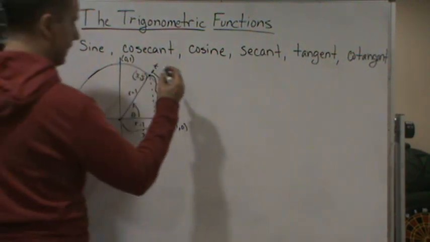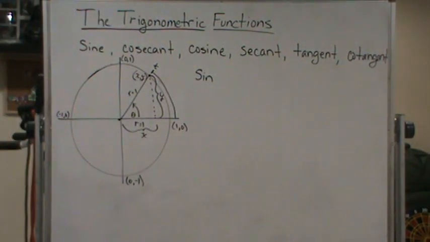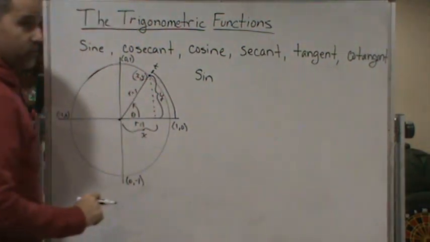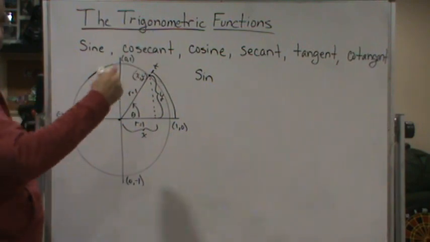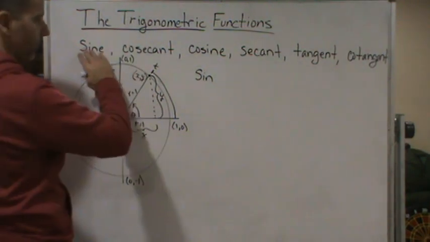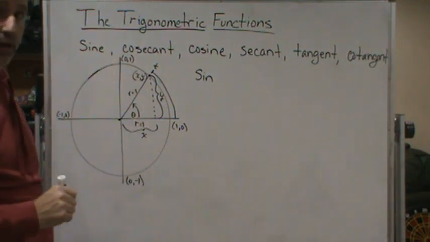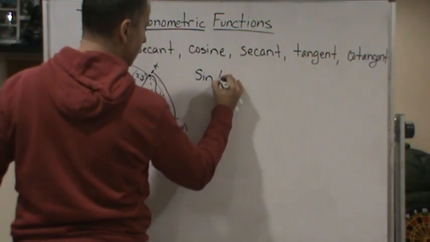So sine t. Now I'm going to abbreviate these the way we do in mathematics. This is how you would write it out in words, but when we actually write the function, we don't write out the entire word. We use a shorthand notation. If I'm writing in sentences and talking about the function, we would use these words. If I'm writing out the mathematical expression, then we would use what I'm going to write down now. So this is sine t.